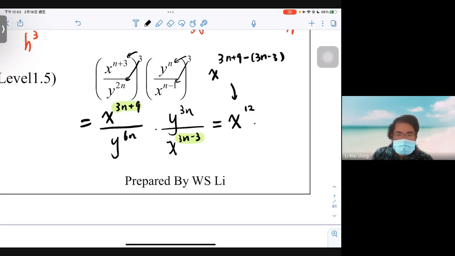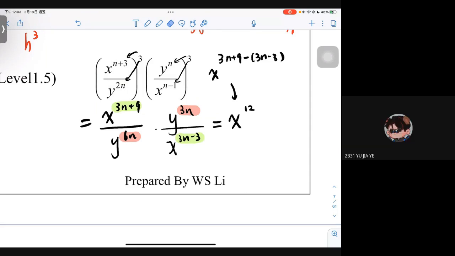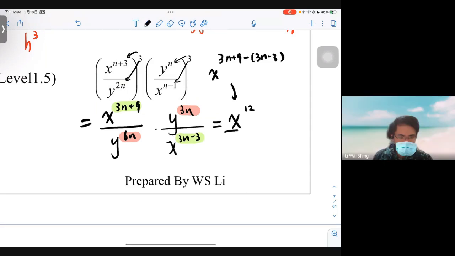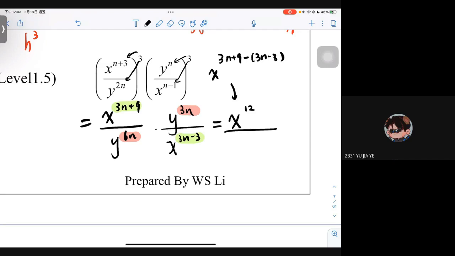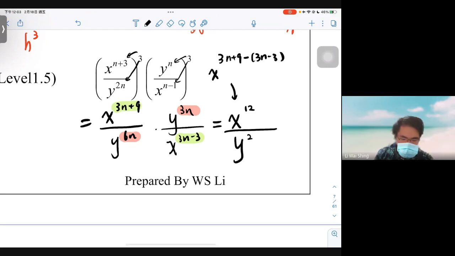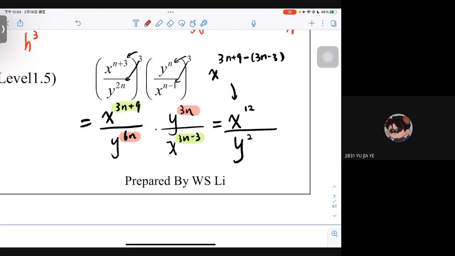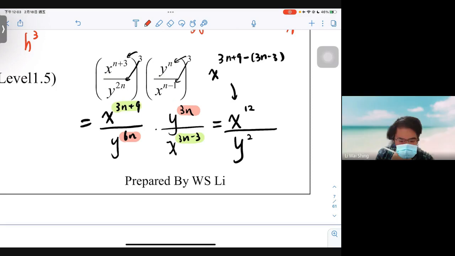For Judy, could you tell me what about the y? It will be in numerator or denominator? And what's the result? Denominator. Yes, and what would it be? Y square. Y to the power of 2n.